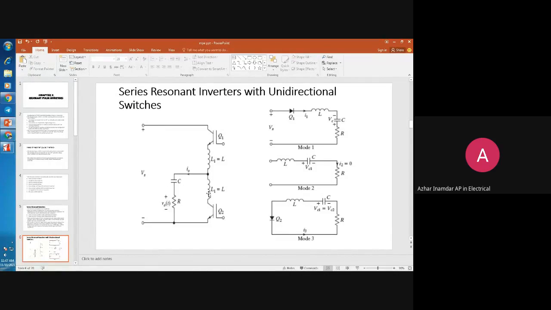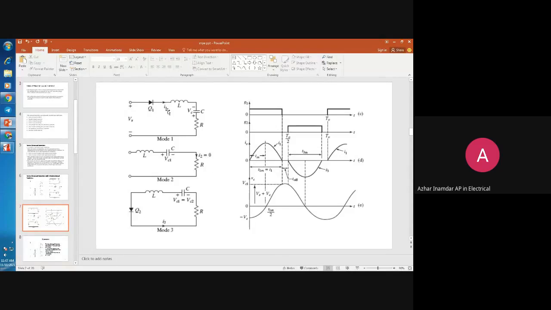This is the basic circuit diagram with two transistor switches Q1 and Q2. When transistor Q1 is turned on, a resonant pulse of current flows through the load, and the current falls to zero at T. Here I'll show you the different diagrams for different modes, and this is the output waveform.